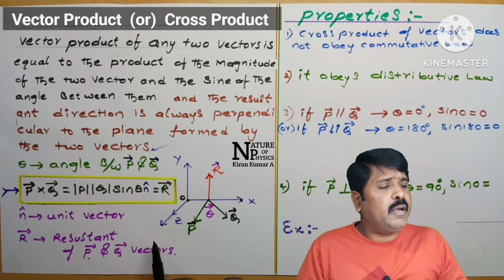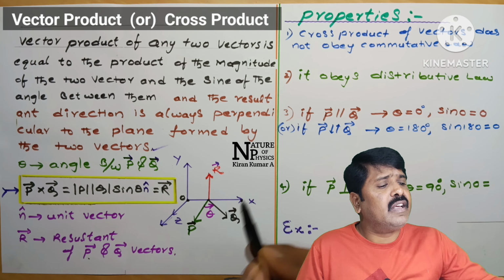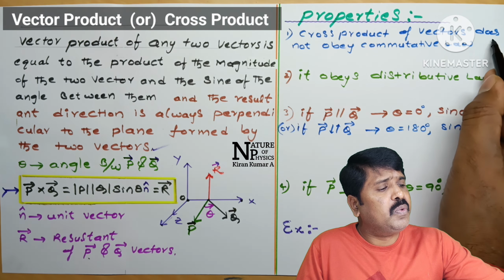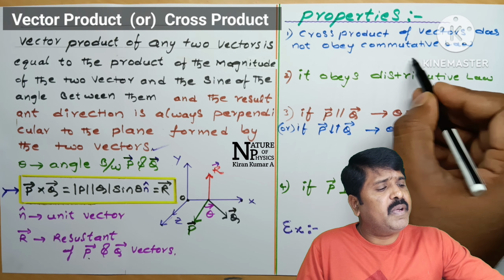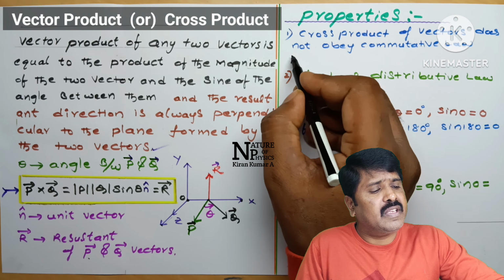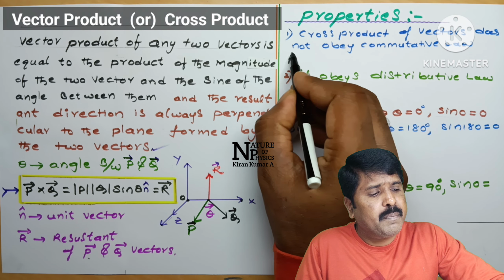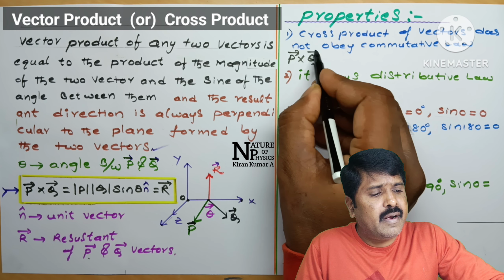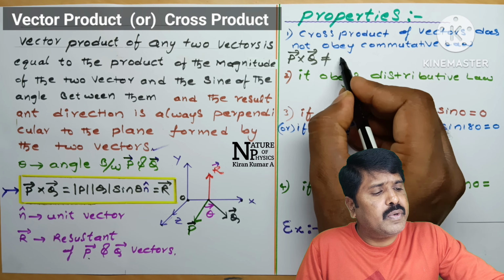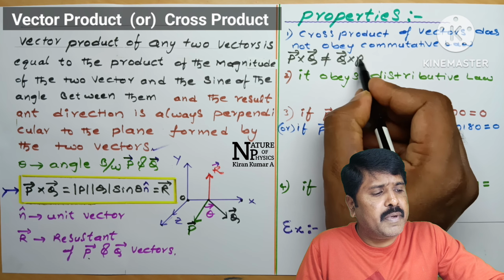Okay students, then I am going to discuss the properties. First, the cross product of two vectors does not obey the commutative law. For this I am considering P bar cross Q bar is not equal to Q bar cross P bar.